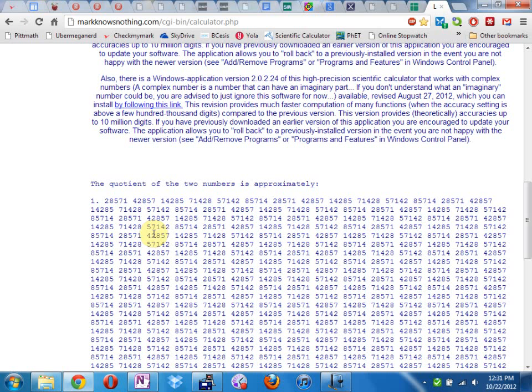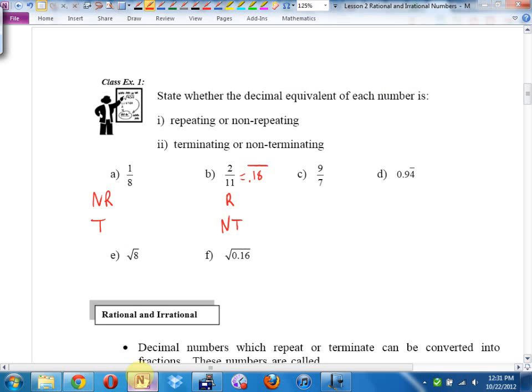Because your calculator can sometimes lie, it might be worth remembering certain fractions do repeat. Sevenths do repeat. A lot of the prime numbers repeat. Not all, but a lot of them do. So, repeating or not? Turns out it's repeating. It looked like it wasn't, it is. Terminating or not?